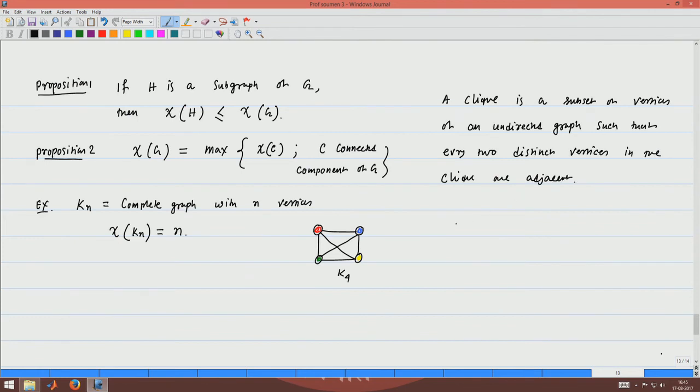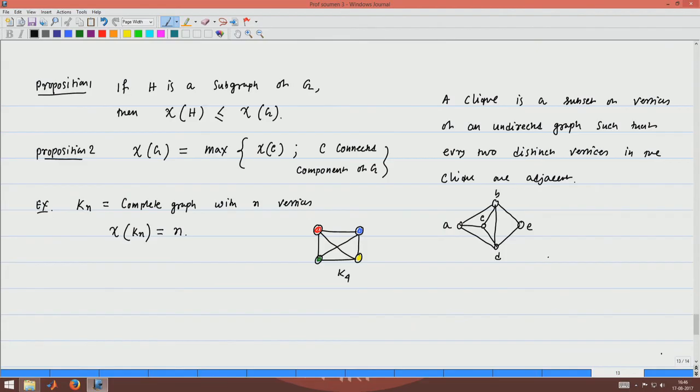So, if I take the example that I took at the very beginning, in this graph, if I label them say A, B, C, D, E, a clique is a subset of vertices such that every 2 distinct vertices in that subset are adjacent.